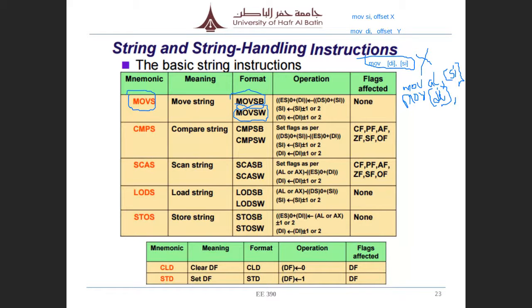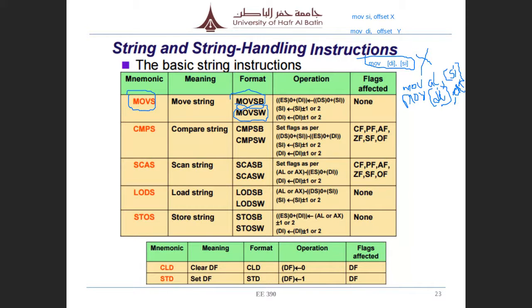So instead of one line we have to write two lines. That means we have to use a register. It's not necessary to use the accumulator; you can use any register. So MOV BL, [SI] also works, and then MOV [DI], BL, the same register. This is the way it works.